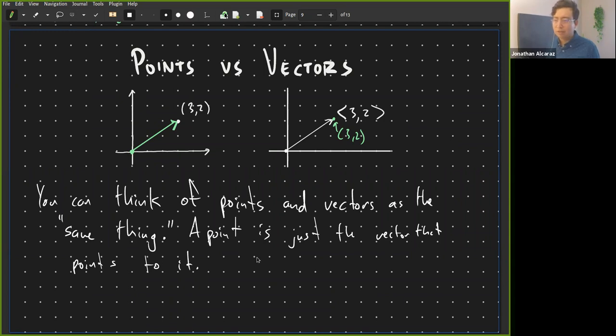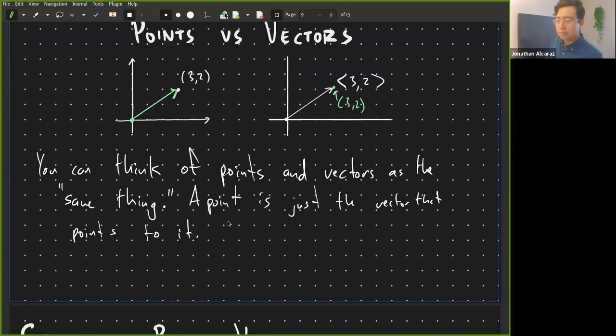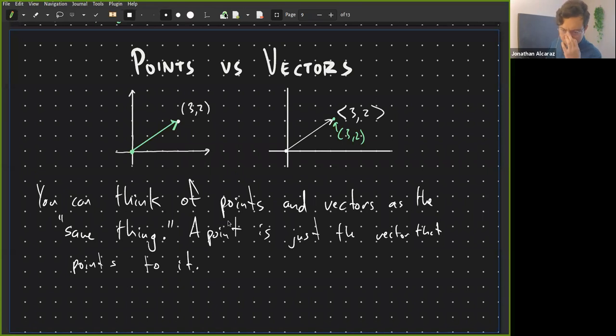So if you want to get to a certain point, just tell me the vector that gets me there from the origin. In terms of the numbers, it's going to be exactly the same, as we can see here. The vector 3, 2 is the vector that gets me from the origin to the point 3, 2. Okay. Cool.